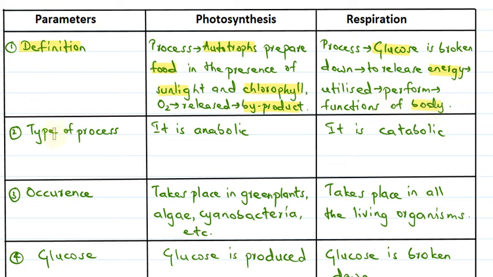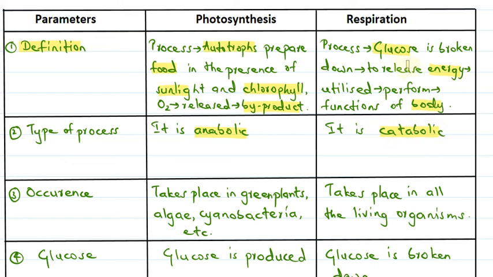Then the second parameter was the type of the process. Photosynthesis is an anabolic process as it involves the formation of substances. Here the simple substances like carbon dioxide from the atmosphere and water from the soil combine to form food in the form of glucose. Hence this process of formation is called an anabolic process, whereas respiration is a catabolic process because it involves the breaking down of substances.